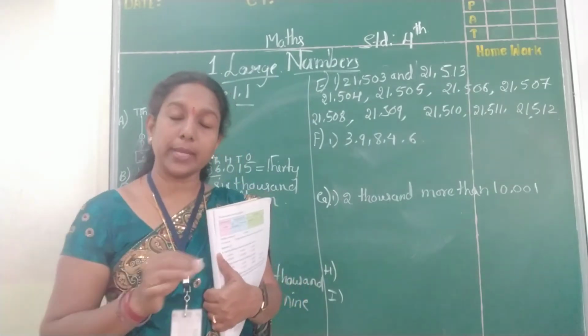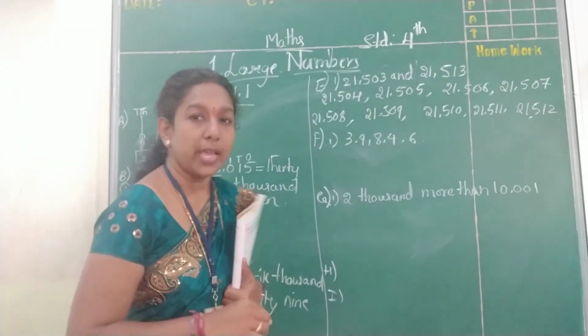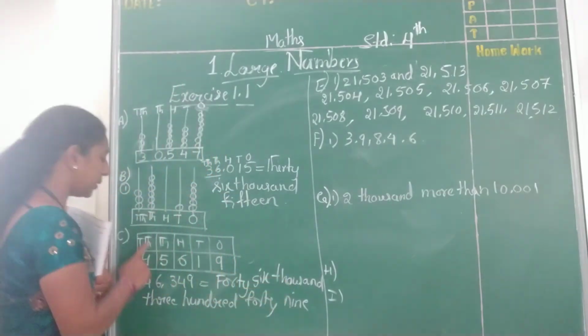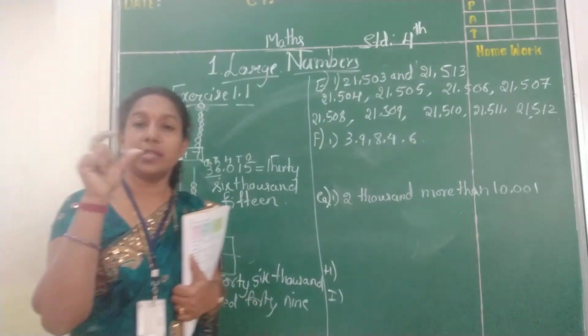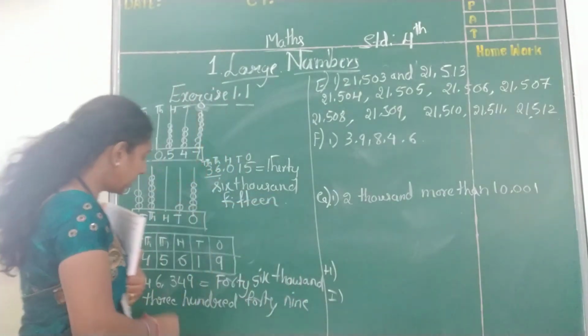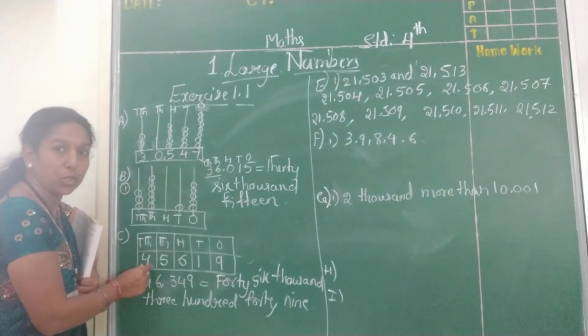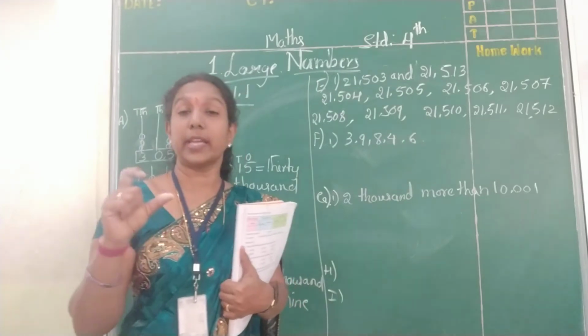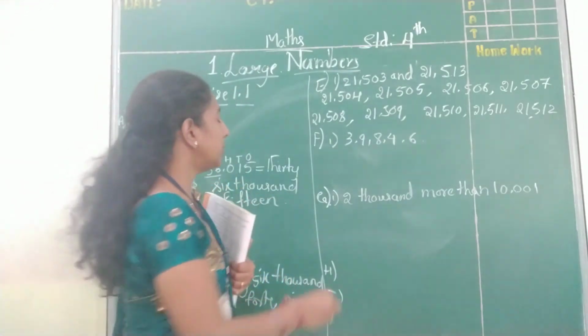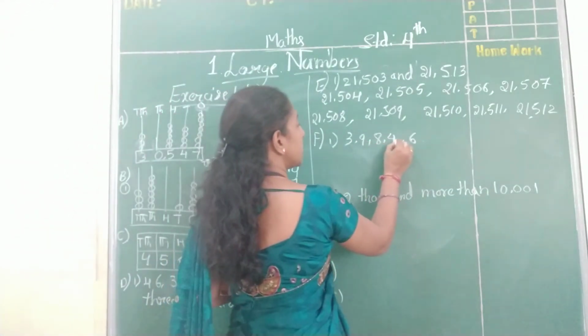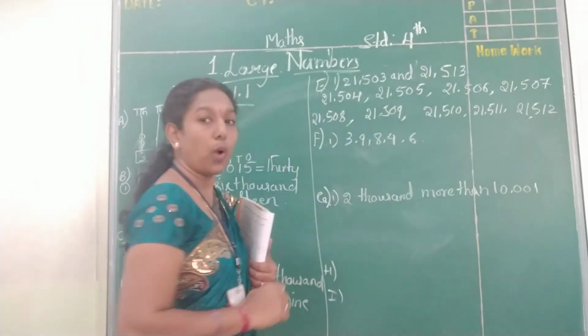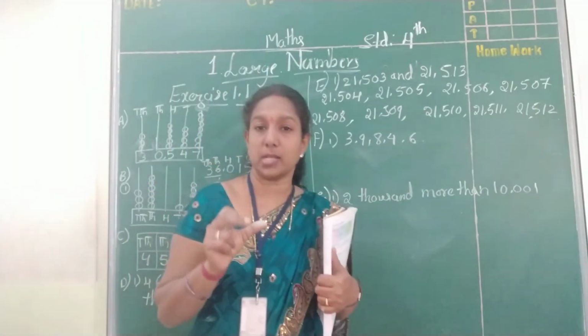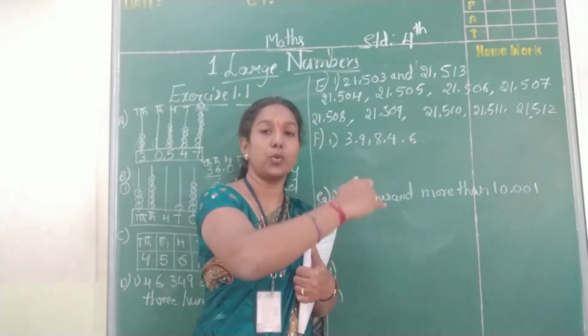Okay, so to make the greatest number, in the highest place, means in the 10,000 place, the number should be the greater number. So here they are given 3, 9, 8, 4, 6. First we want the highest place and then we should go down.